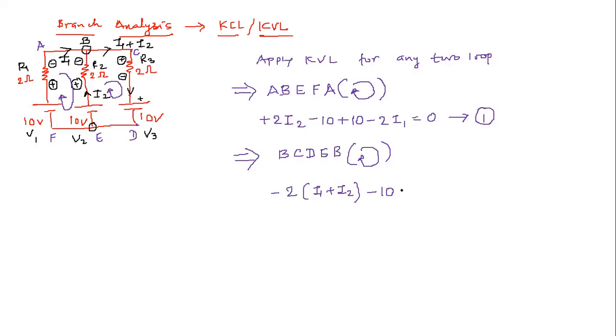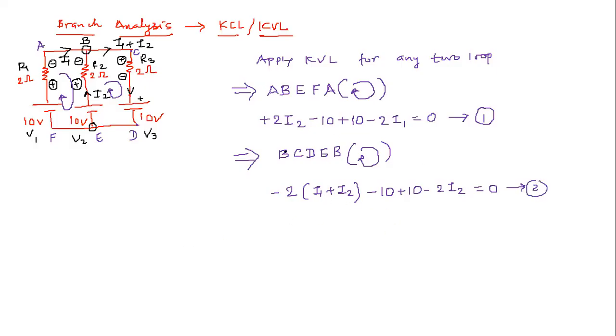Please try to write down and trace the circuit with me so that you'll get these things. This is plus 10, then minus 2I2, which is equal to 0, and we have got the second equation.